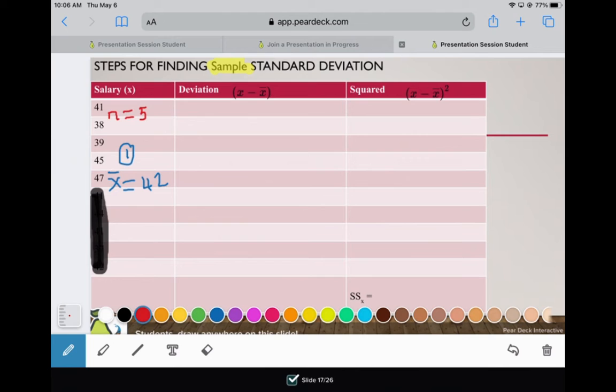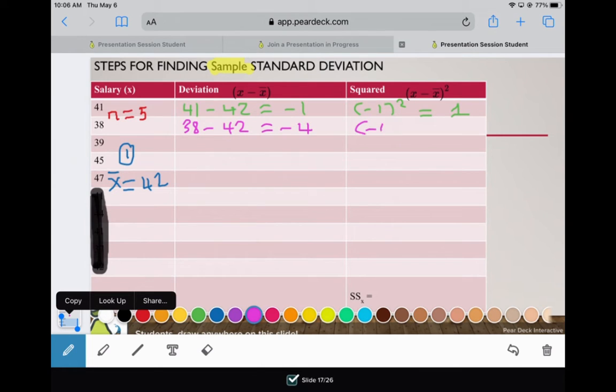So I'm doing the same thing. The deviation, same thing. I'm taking 41 minus 42, which gives me -1. If I square it, that gives me 1. So notice the step, nothing changed. 38 minus 42 gives me -4.